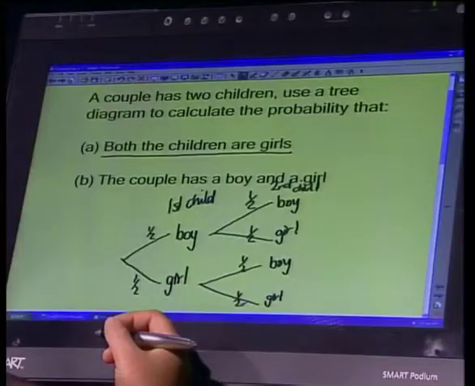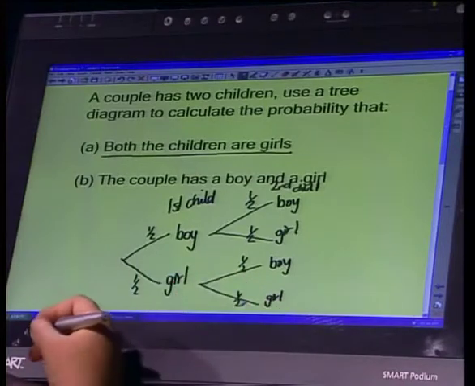Now I want the combination of girl and girl. And again, remember the AND rule, that if I want something and something else, I need to multiply my 2 probabilities. I know the probability of getting a girl the first time was half, and I know the probability of getting a girl the second time is also half.